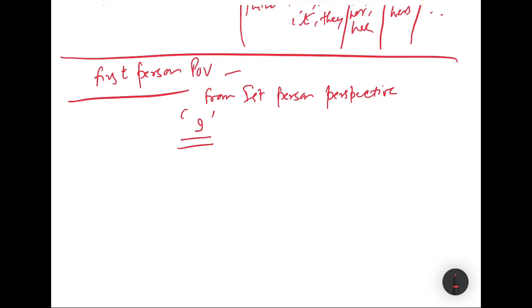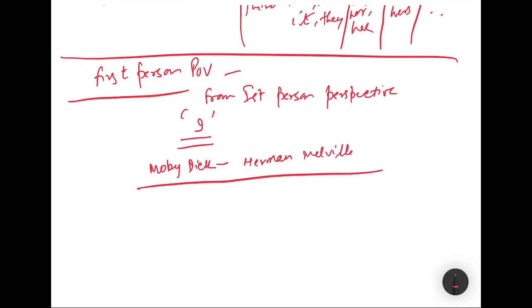A famous work, for example, if you take Moby Dick by Herman Melville, will have this first person narrative. Or you take Wuthering Heights by Emily Bronte. So many passages where this point of view is adopted.